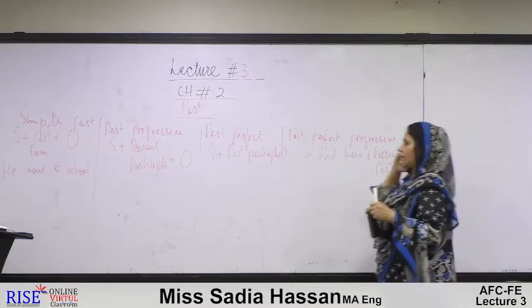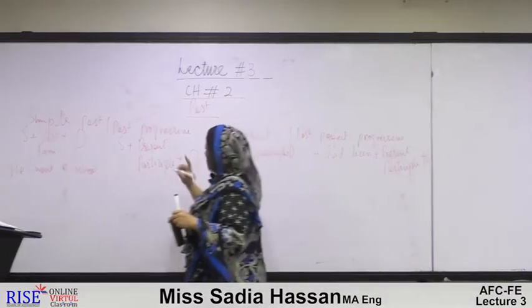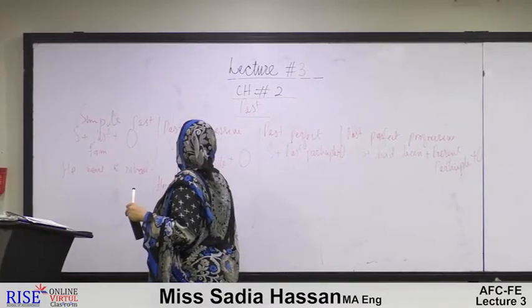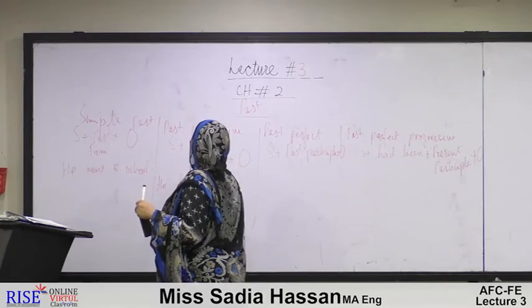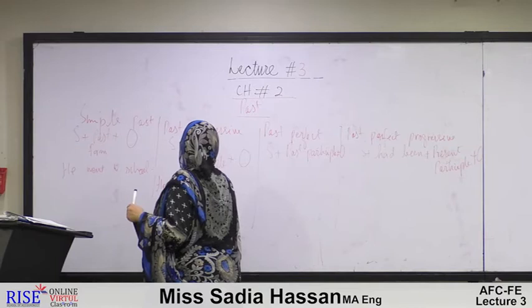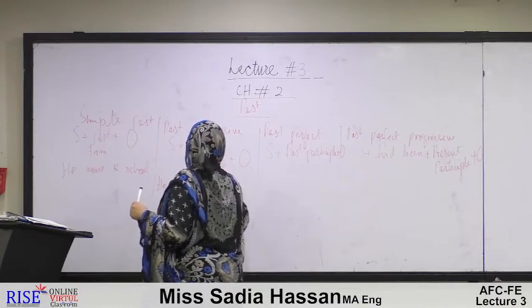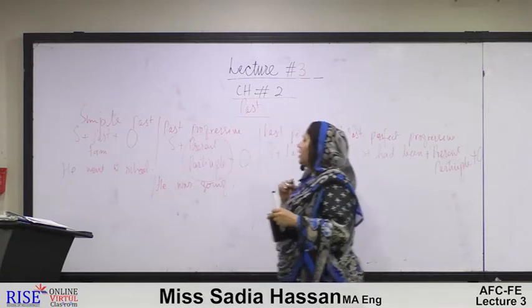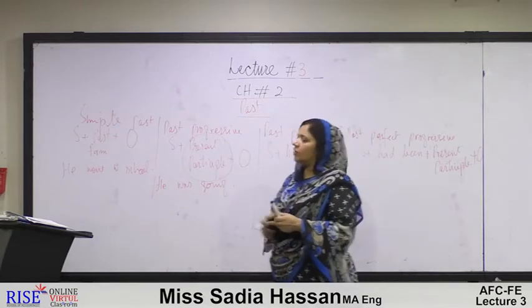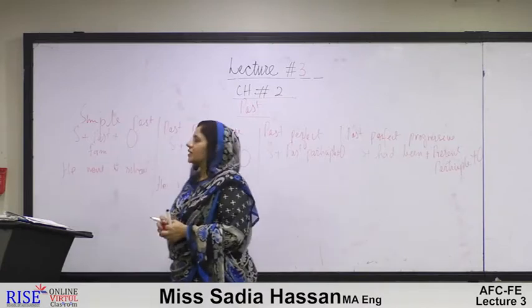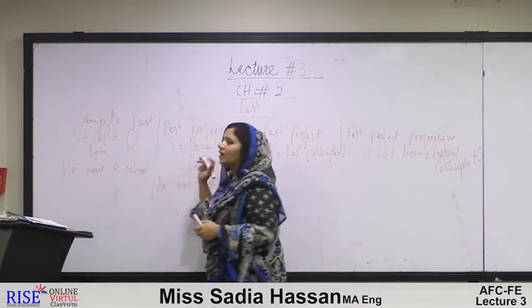Now we look at the examples. For example, he, present participle, he was going. Again, here you have to see one thing: whenever the participle forms of the verbs are used, the present participle is actually a weak verb.